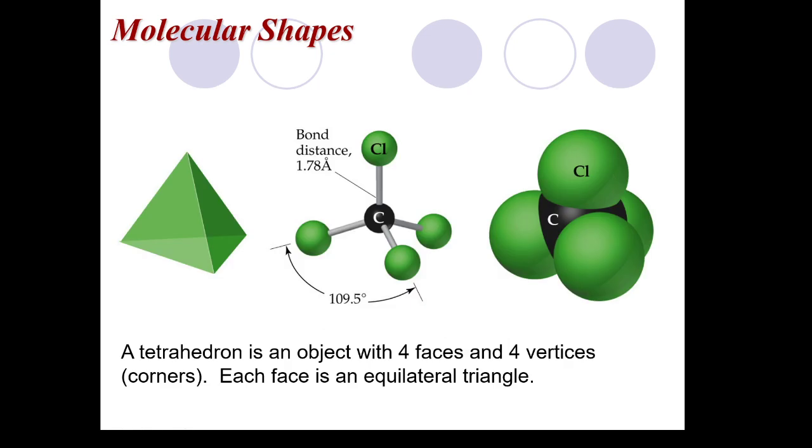Now, a tetrahedron is an object that has 4 faces and 4 vertices, and each face is an equilateral triangle. Methane does this, carbon tetrachloride does this. Any carbon that contains all single bonds does this.